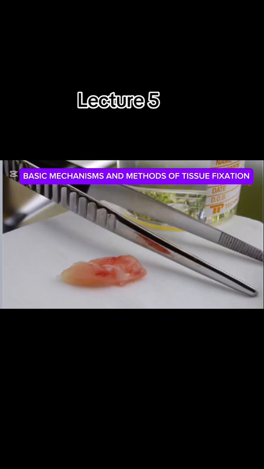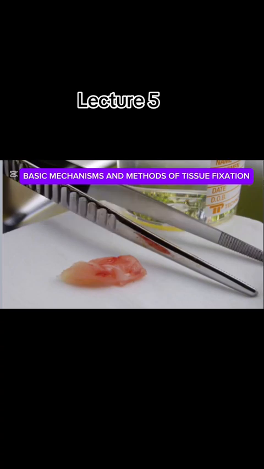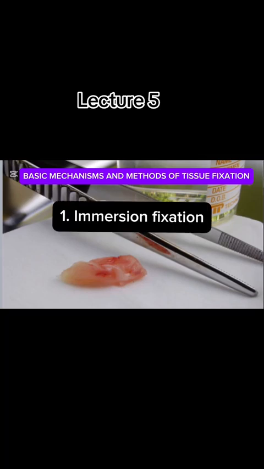The second is chemical fixation methods. One of the chemical fixation methods is immersion fixation. In immersion fixation, the specimen is directly immersed in the fixative solution, allowing the fixative to diffuse into the tissue.